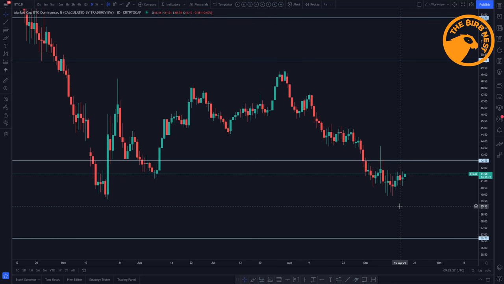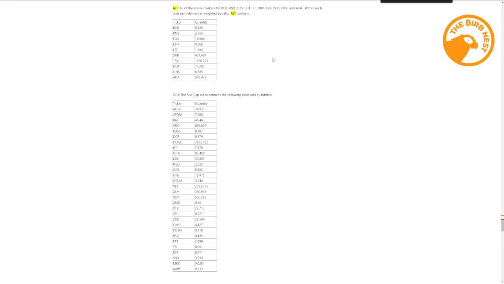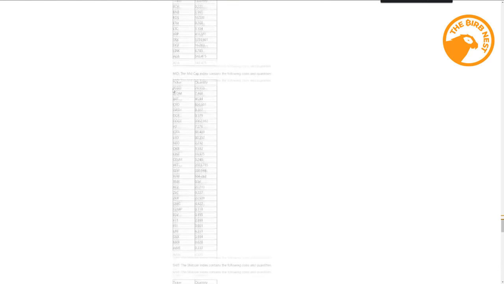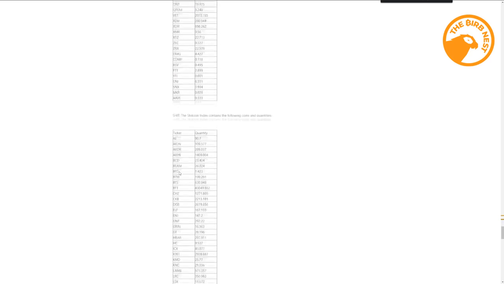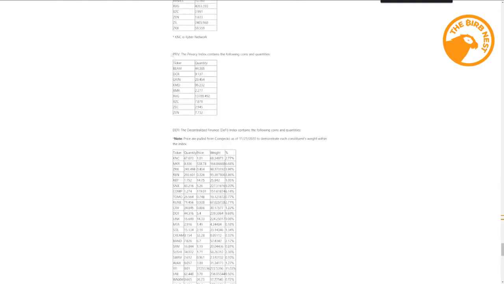One of the great things about FTX is that they offer perpetual contracts for segments of the market. So they have indexes like alt perpetual, mid perpetual, shitcoin perpetual, and even privacy or DeFi, and you can chart those against Bitcoin.